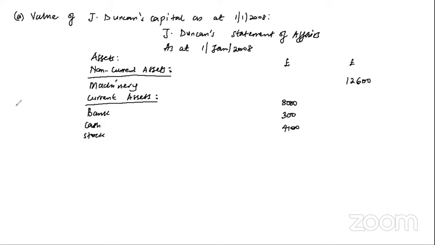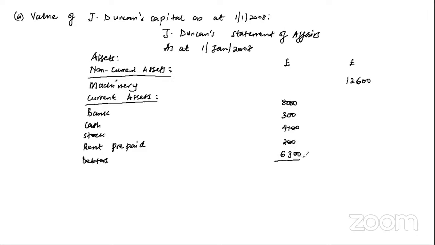We have the rent prepaid. Opening balance of rent prepaid. That is how much? That is 200. Rent prepaid is 200. Then you have the debtors, still under the additional information, you have 6,300.